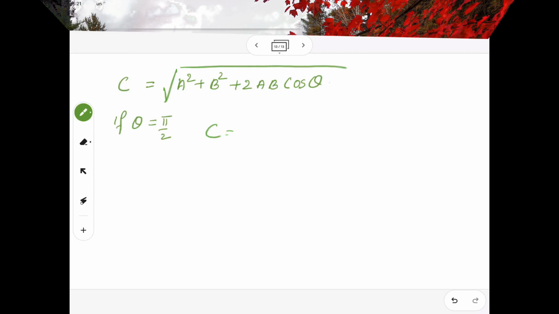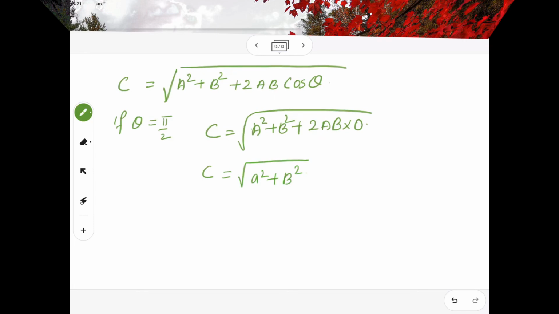So C will be root of A square plus B square plus 2AB cos 90. Cos 90 will be 0. So finally C will be root of A square plus B square. Now just square the equation on both sides. So you will have C square is equal to A square plus B square.